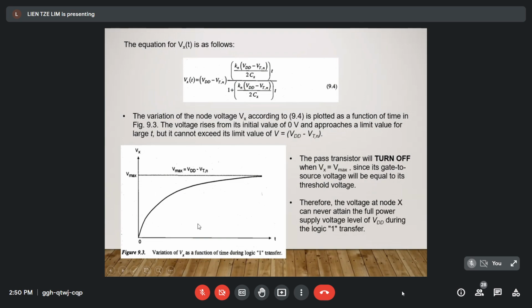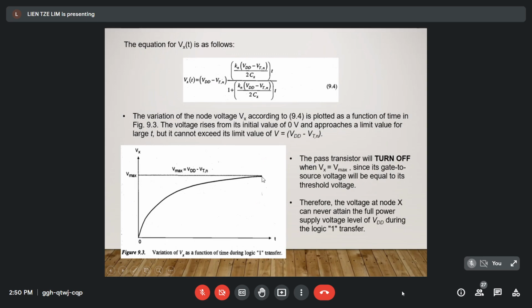This graph shows the operation of the pass transistor, over the duration of time as the input goes from 0 to VDD, and then the output Vx. Initially the output is 0. Over a certain time interval, the voltage will increase to a level.